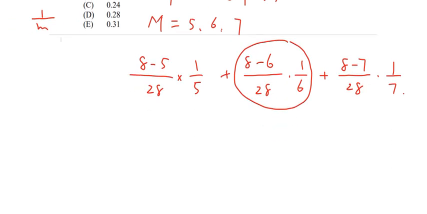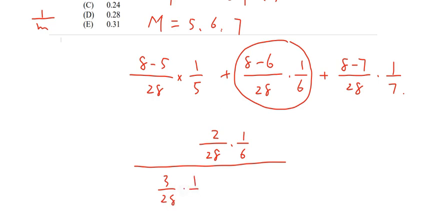This part is 2 over 28 multiplied by 1 over 6. The total is 3 over 28 multiplied by 1 over 5, plus 2 over 28 multiplied by 1 over 6, plus 1 over 28 multiplied by 1 over 7. So this is the answer.